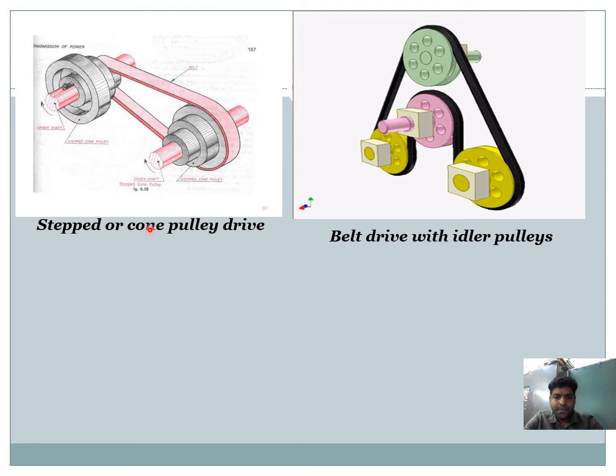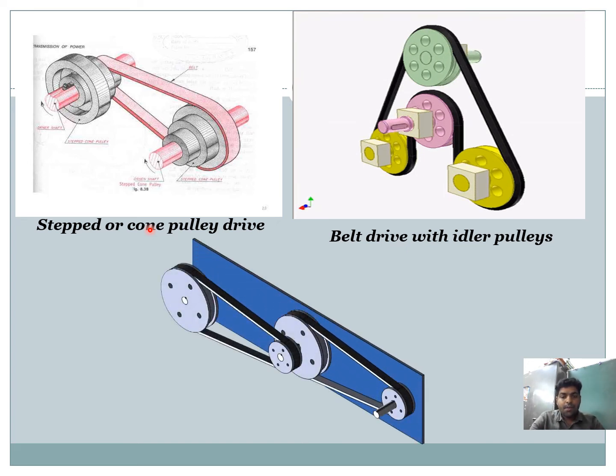Multi-idler pulleys are used with parallel shaft arrangement when the open belt drive cannot be used due to a small angle of contact on the smaller pulley. This drive is used to obtain a high velocity ratio when the required amount of belt tension cannot be obtained by other belt drives.